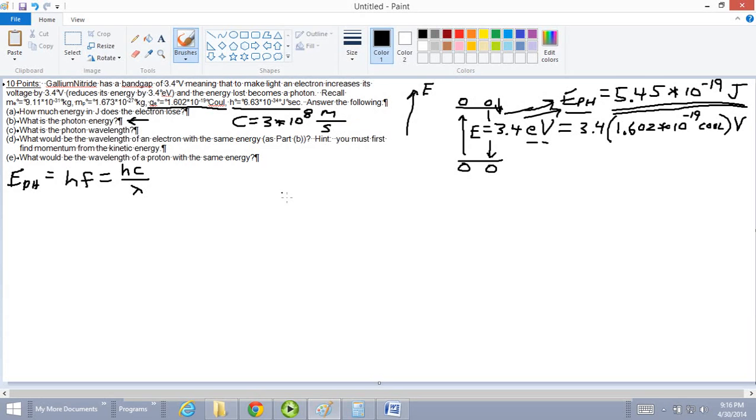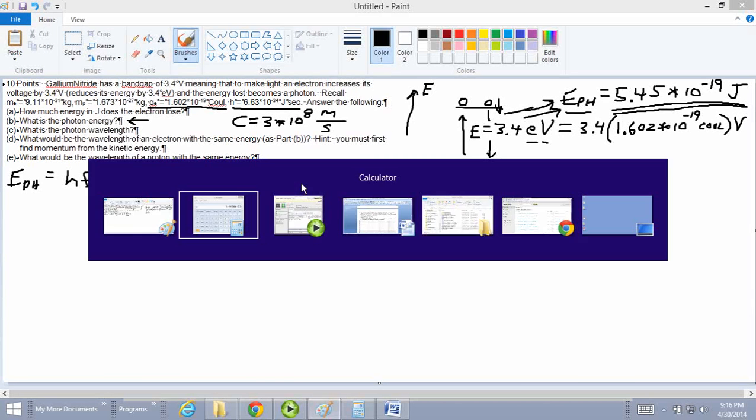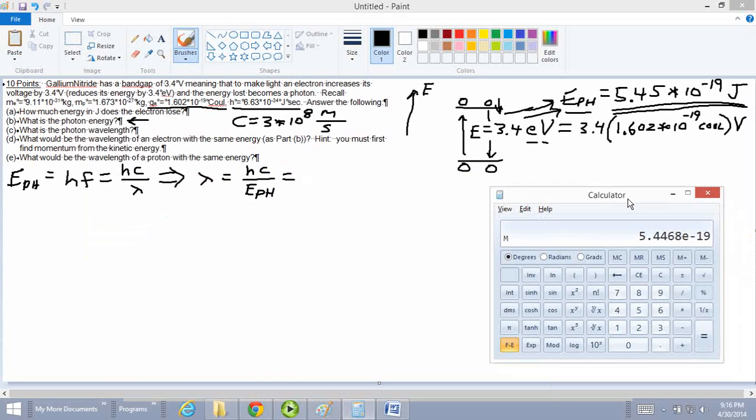Okay. So, and that's probably something, yeah. Okay. Solving this, wavelength is going to equal hc over energy. And this is now a plug and chug problem. Well, there's the energy.